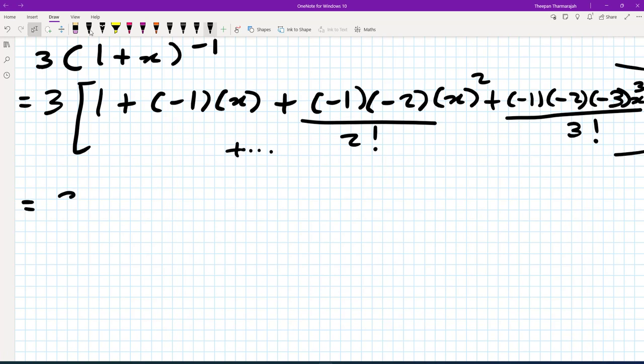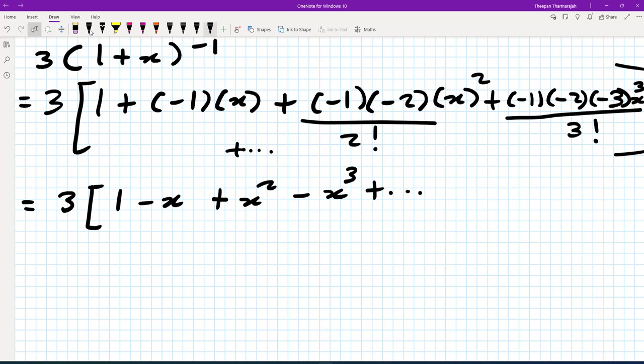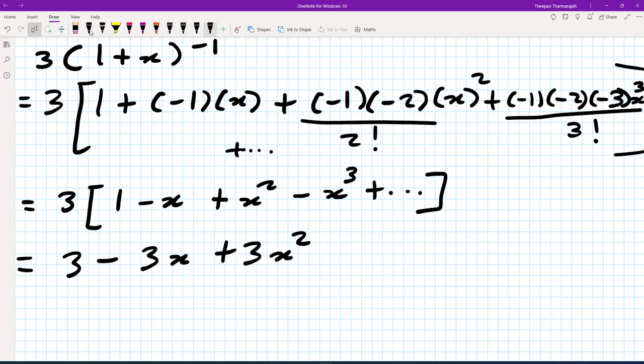So we can simplify what we have in brackets as 1 minus x plus x squared minus x cubed plus other terms. Now expanding that out, we'll get 3 minus 3x plus 3x squared minus 3x cubed plus other terms.